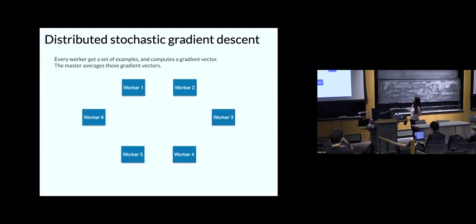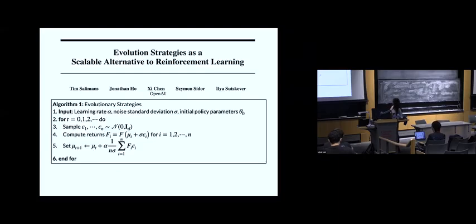And the master needs to average those vectors, which is epsilon multiplied with the fitness. This is what we saw here. Each F multiplied with epsilon is essentially a gradient direction towards which you need to move your mu. So who would like to take a guess on how we can save here?